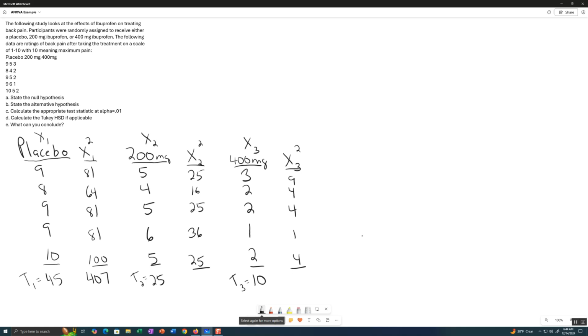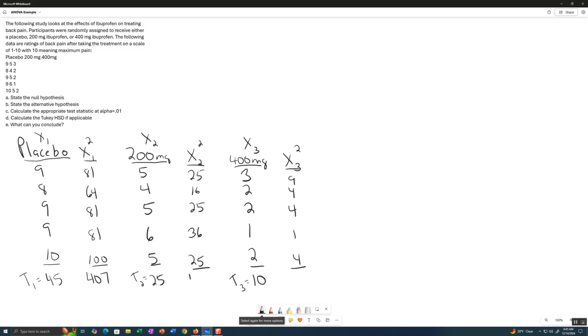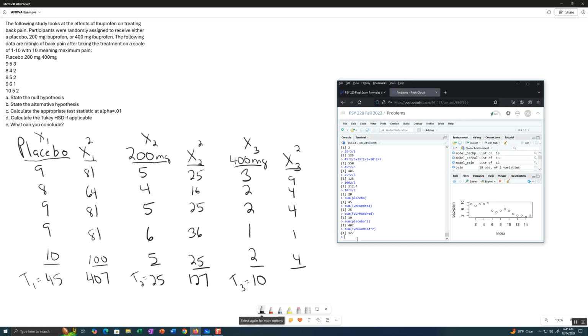Let's do the sum of these other ones here. Sum of 200 squared gives me 127. And let's do the x3 values, which is 400 squared. That gives me 22.